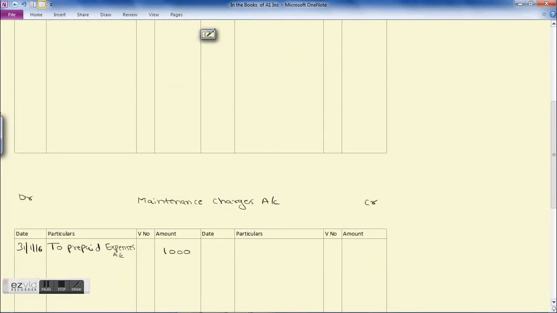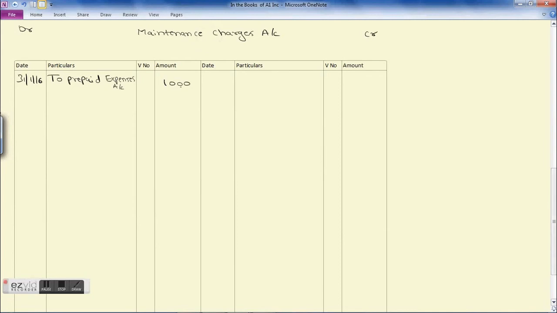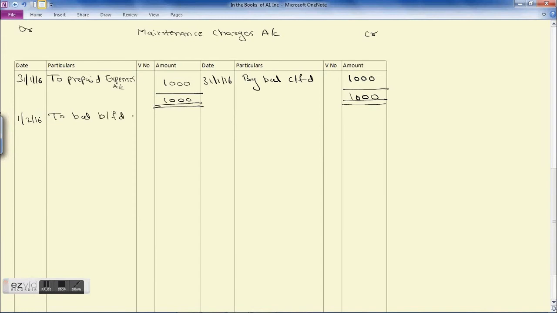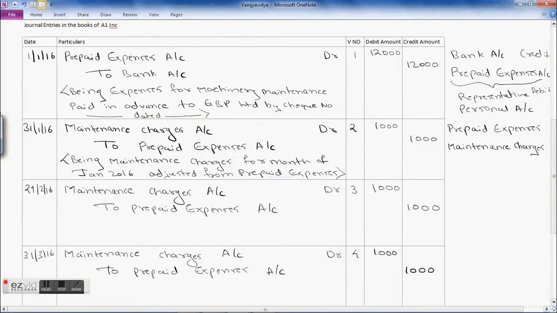Okay. Similarly, we'll do it for maintenance charges account also. So on 31/1/2016 by balance carry forward 1,000, right? So on 1/2/2016 to balance brought forward 1,000.